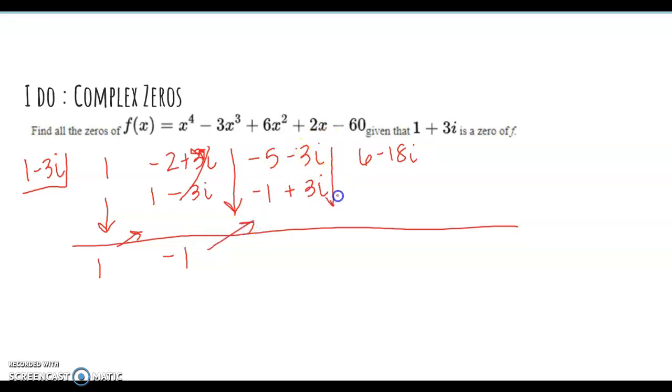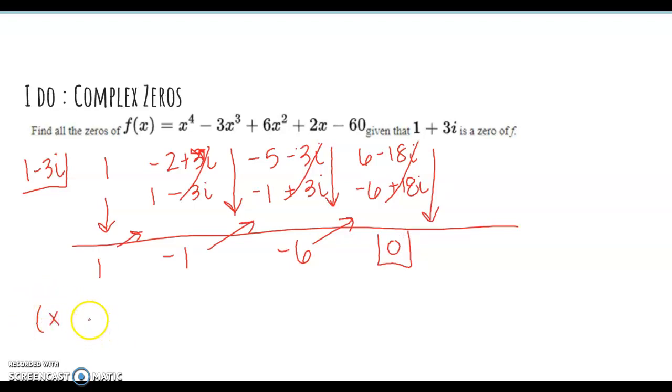Add straight down, our complex numbers will cancel out, and we're left with negative 6. Multiply again, we get negative 6 plus 18i. Add straight down, our complex numbers will cancel out, and we're left with 0. So now we know our answer.